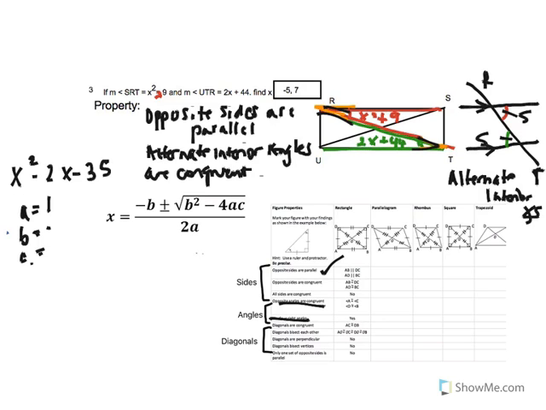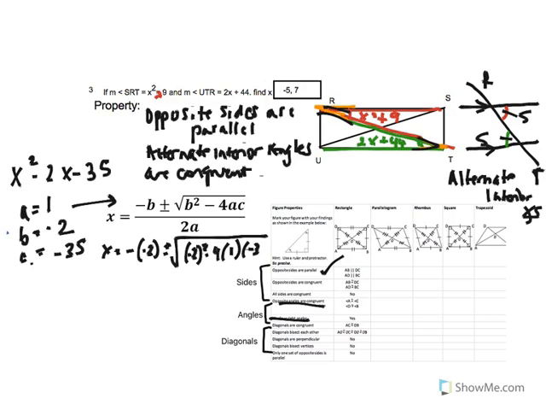A up here is 1, B is negative 2, and C is negative 35. Now let's plug them in here. We get x equals negative 2 plus or minus the square root of negative 2 squared minus 4 times 1 times negative 35.